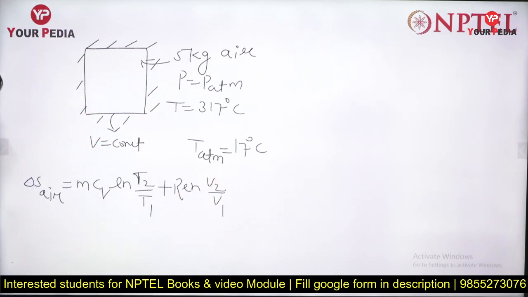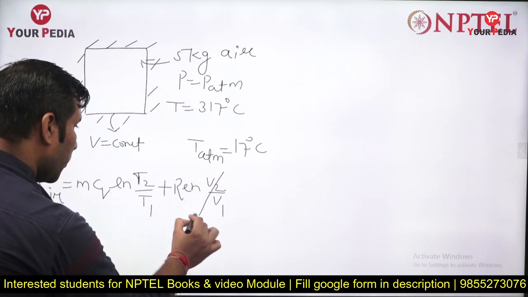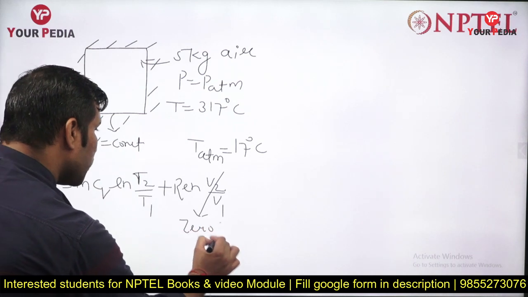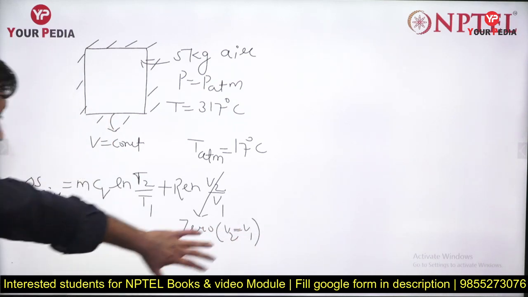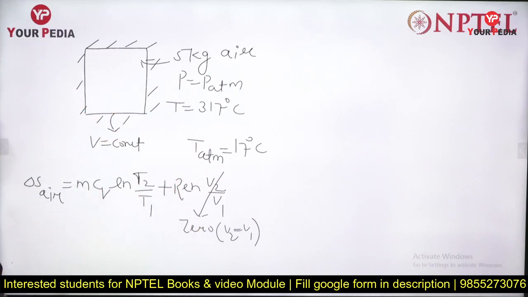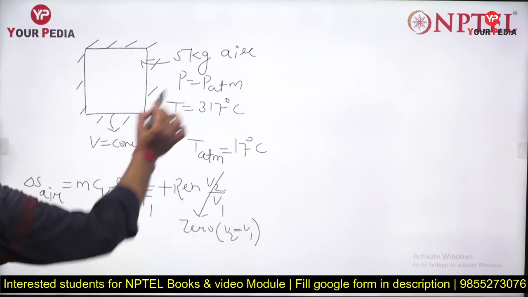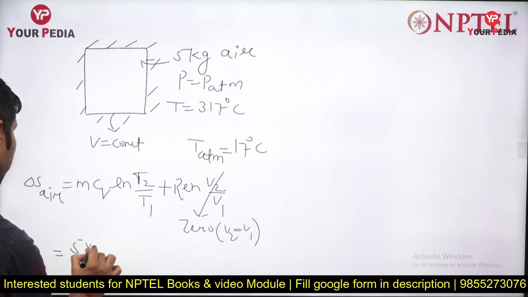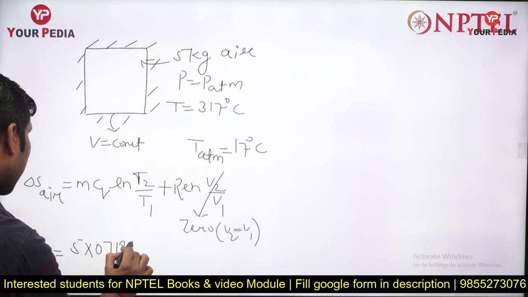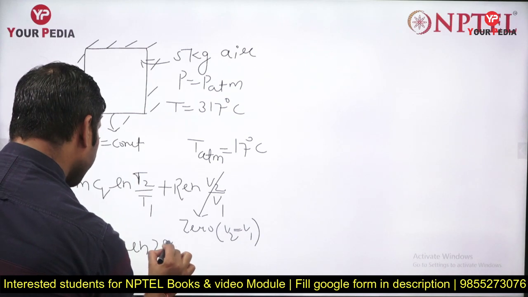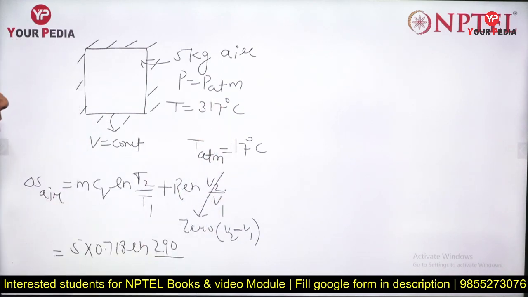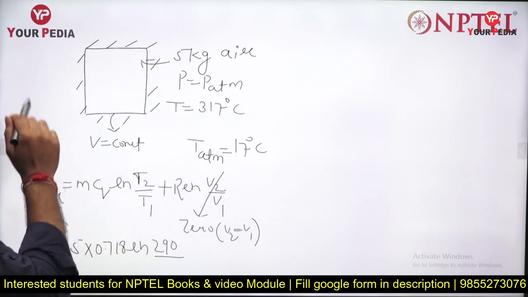This is natural logarithm. So this term will be 0. Why? Because volume is constant, V2 equals V1, and log of 1 will be 0. So now if you put it here, the mass which is 5, Cv which is 0.718, ln T final will be what? 17, so it is 290. T initial is 317, so 317 plus 273.